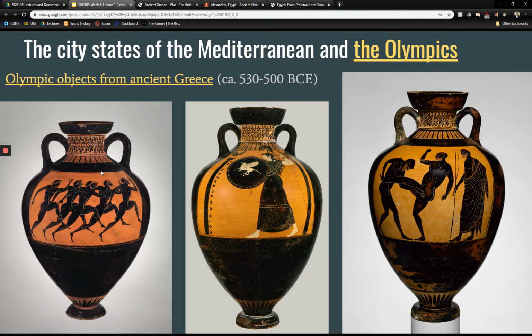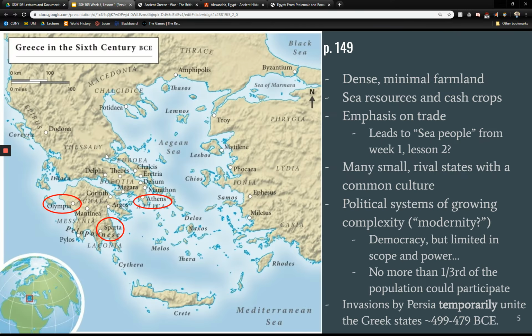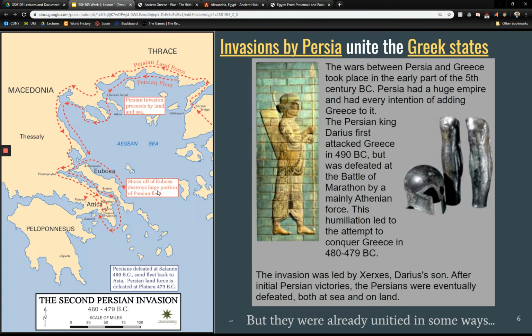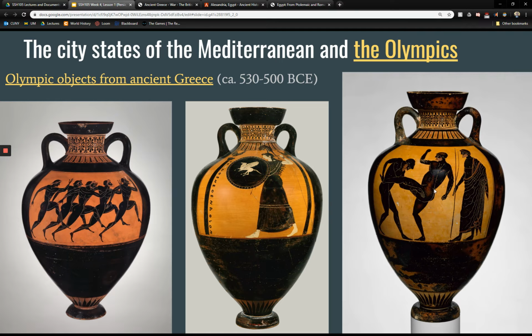Here we have some vases, some pottery, showing a marathon on the left, which is named for one of the Greek states, Marathon. We have wrestling happening on the right here with a judge, and these are two of the foundational sports that remain essential to the Olympics today and have throughout the history of the Olympics.